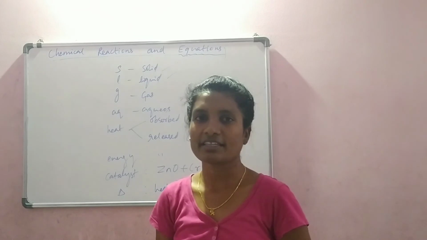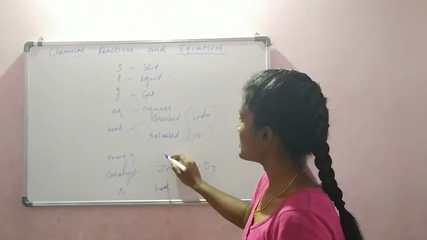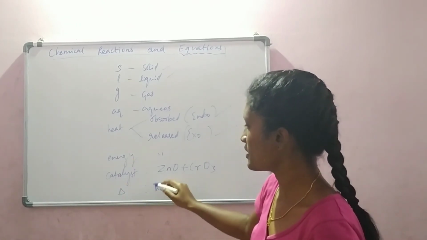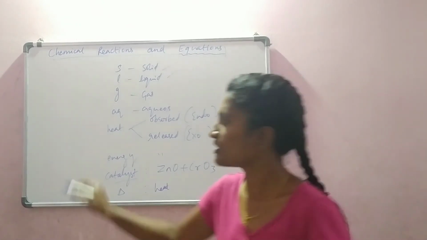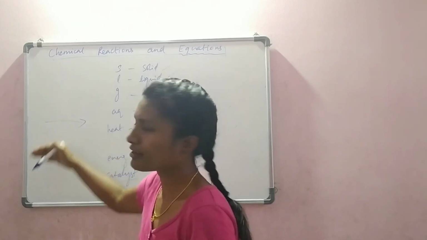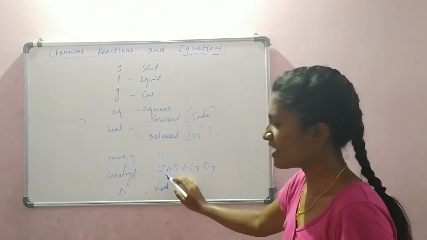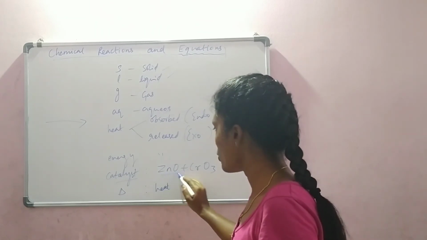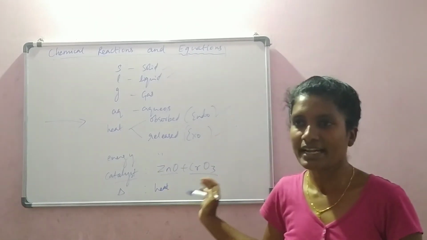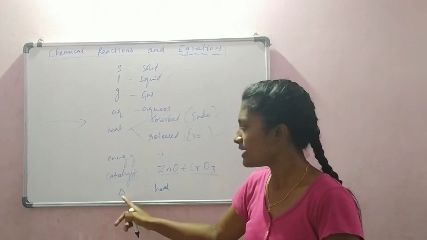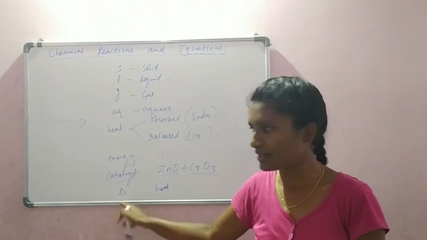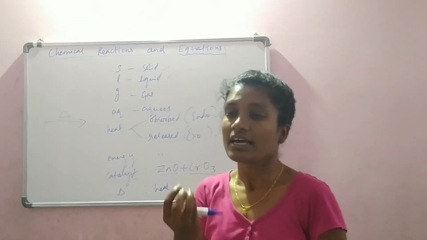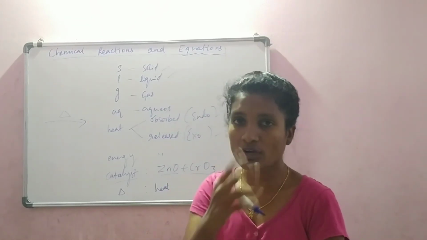Energy can also be either released or absorbed in some chemical reactions. And there will be catalysts mentioned above or below the arrow. One example which we took in preparing methyl alcohol is zinc oxide and chromium oxide combining together to form a catalyst. And there will be symbols like delta, a triangle over an arrow, which means that the reaction is requiring heat.